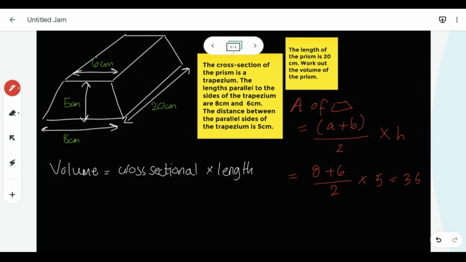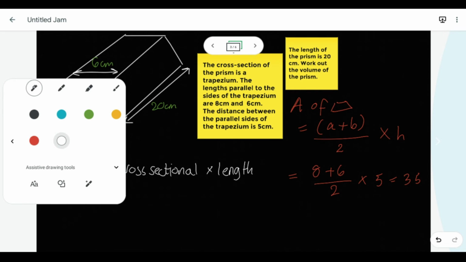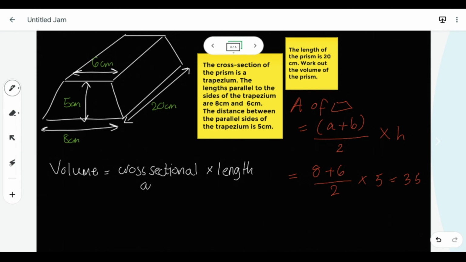Now, putting that into this formula with the volume, the length, of course, is 20 centimeters, and we've calculated the cross-sectional area as 35. So I'm just going to amend the formula written, because I haven't added area here.